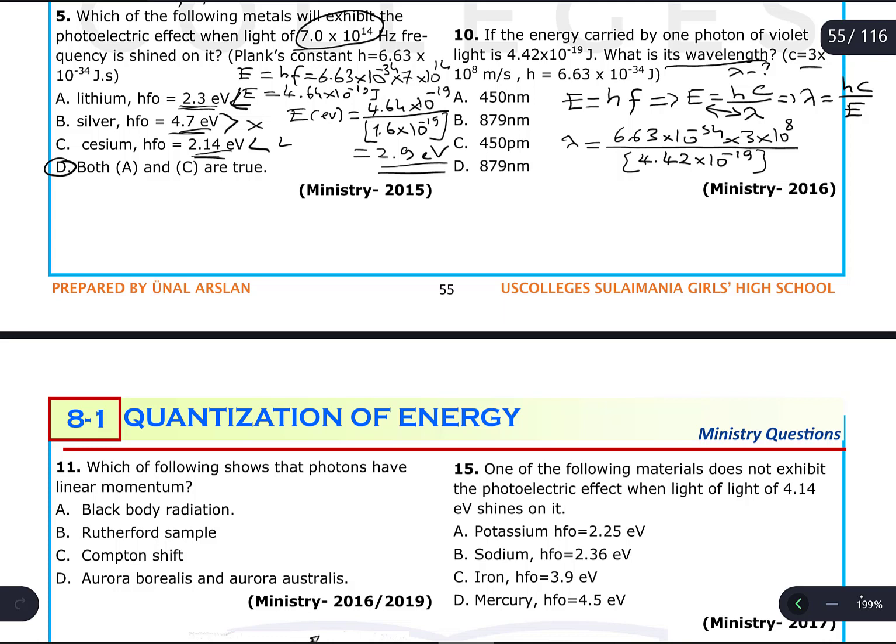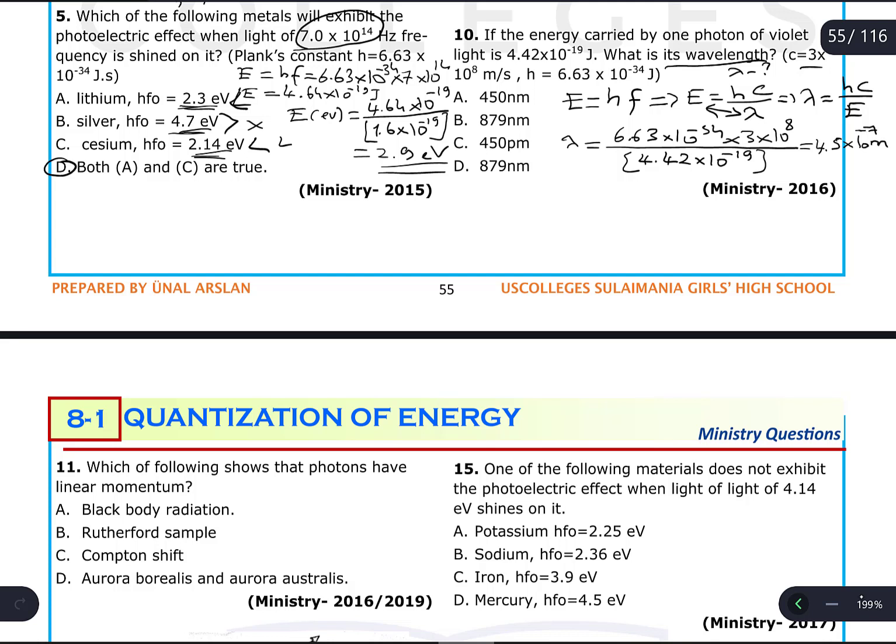Now let's calculate the result in meters. 6.63 times 10 to the power of negative 34 times 3 times 10 to the power of 8 divided by, in brackets, 4.42 times 10 to the power of negative 19. The answer is 4.5 times 10 to the power of negative 7 meters.